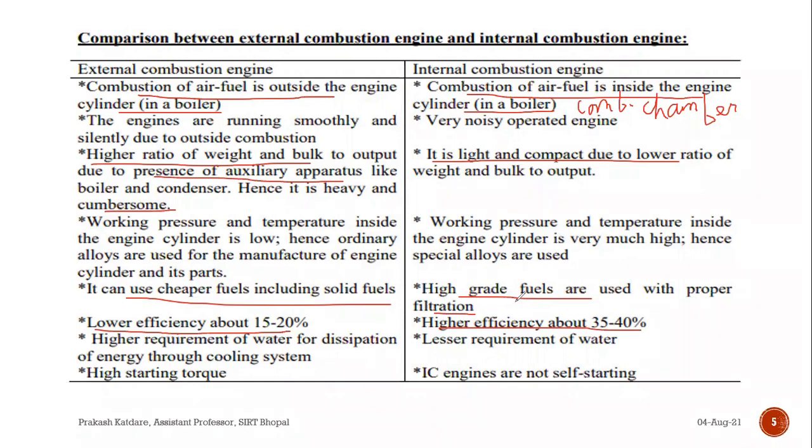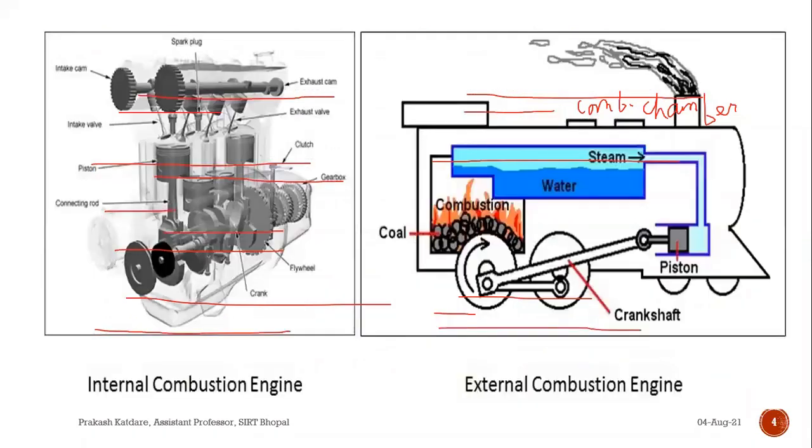The working pressure and temperature inside the external combustion engine is low. Why is it low? Because the combustion is taking place outside the cylinder. So the working pressure and temperature here is quite low. But since in an internal combustion engine, the combustion is taking place inside the cylinder, whatever pressure and temperature is there, it is within the cylinder, and hence the pressure and temperature there is very high.